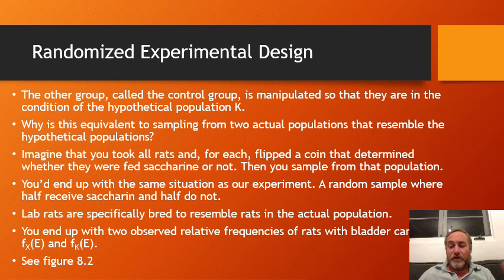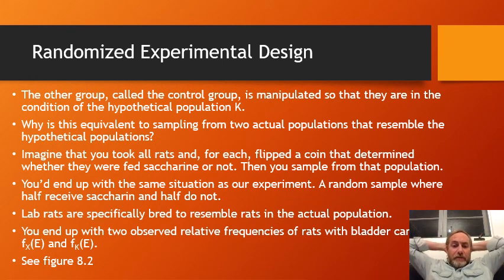Then you could sample from that population, and you'd end up in the same situation as our experiment, where a random sample has half getting saccharin and half not. So what we actually do, taking a random sample of the population and dividing it into two, is basically equivalent to creating the hypothetical populations and sampling from those.